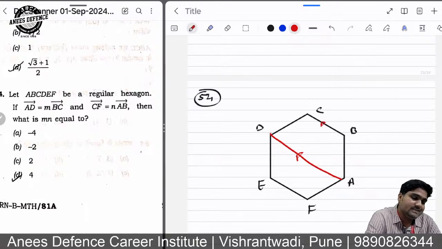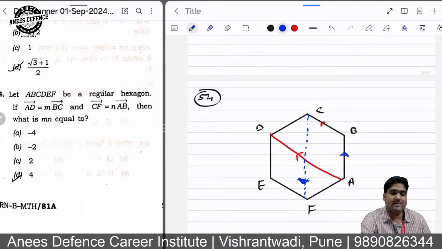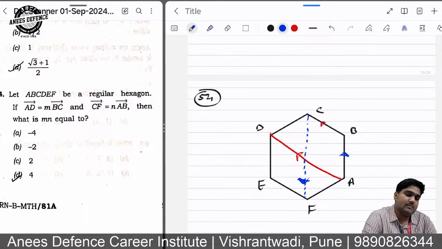And CF is given as N times AB. That means CF and AB are anti-parallel and AD and BC are parallel.